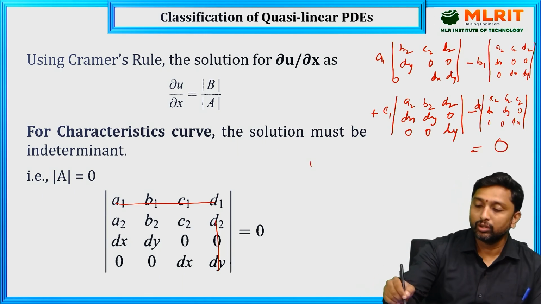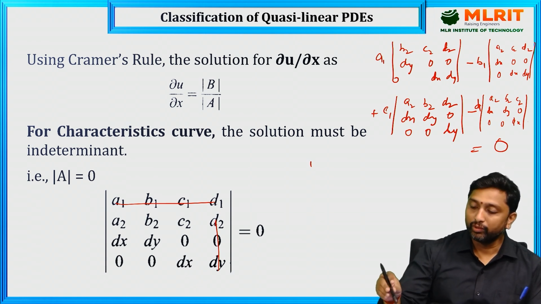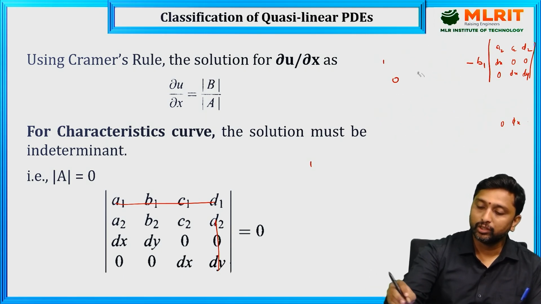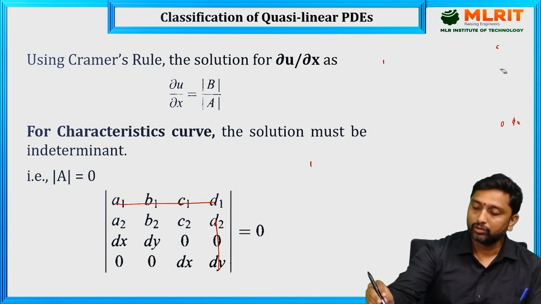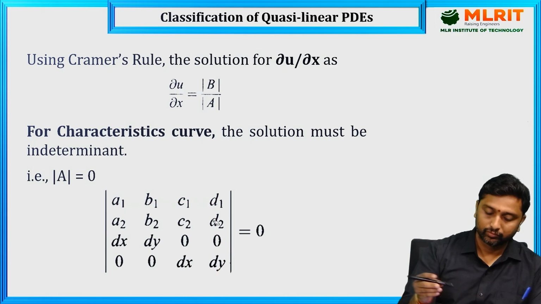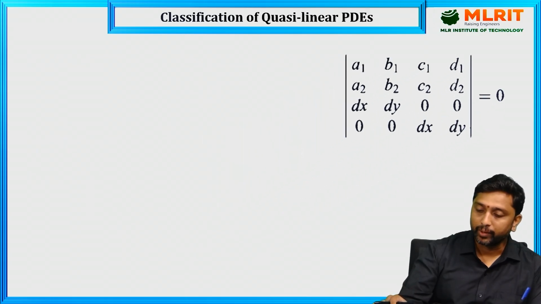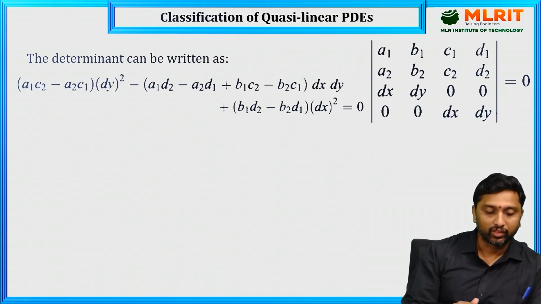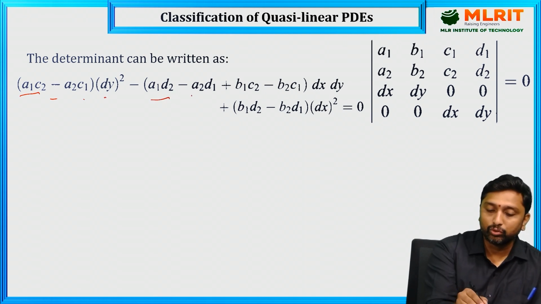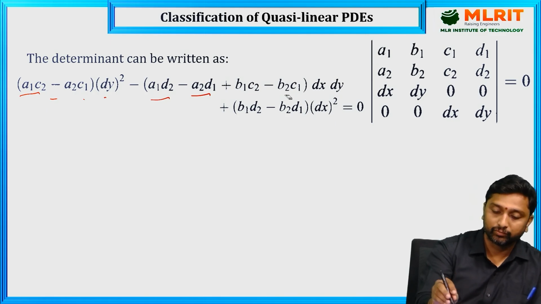I hope everyone knows the procedure to calculate determinant of this matrix. So when we calculate determinant of this, we'll end up with the equation: (A1 C2 minus A2 C1) dy square, (A1 D2 minus A2 D1 plus B1 C2 minus B2 C1) dx dy and so on.